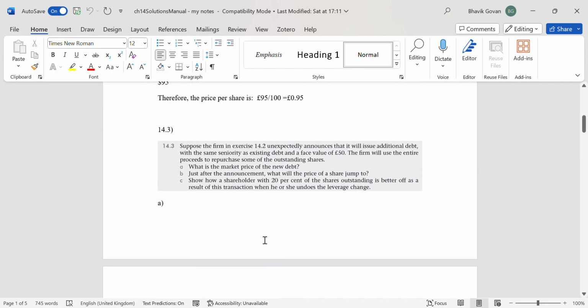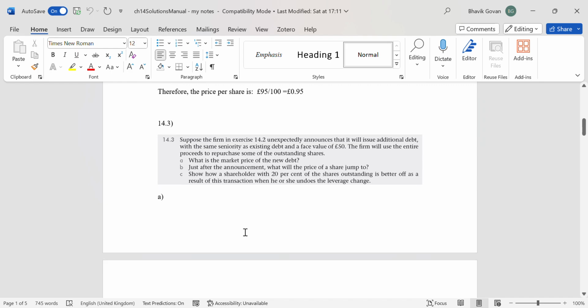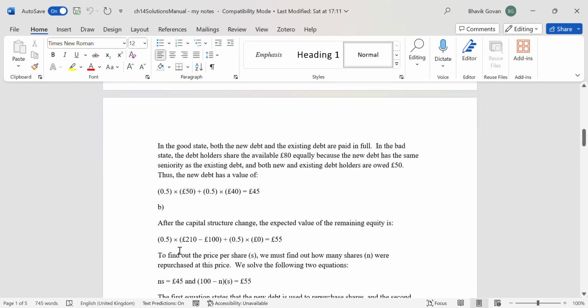Part B says, after the announcement, what will the price of the share jump to? So after the capital structure change, the expected value of the remaining equity will be 0.5 times your 210 minus your 100 in debt, plus your 0.5 times 0. So in the bad state, or the second scenario, the equity holders receive nothing because that £80 will be distributed to the debt holders only.